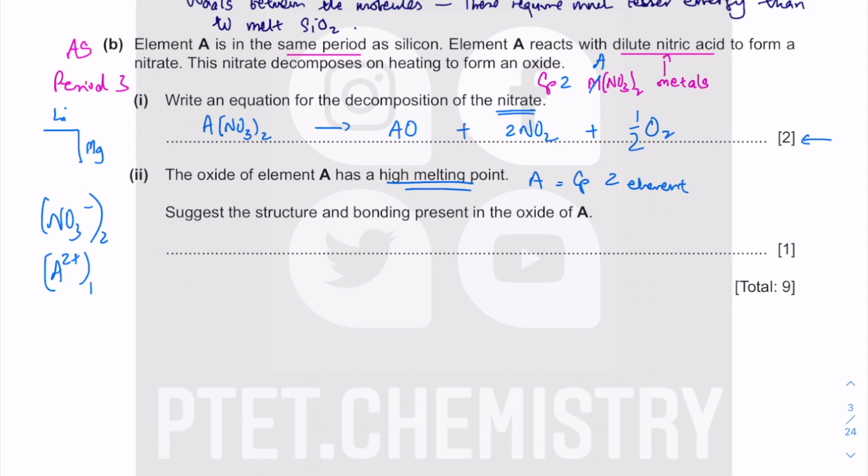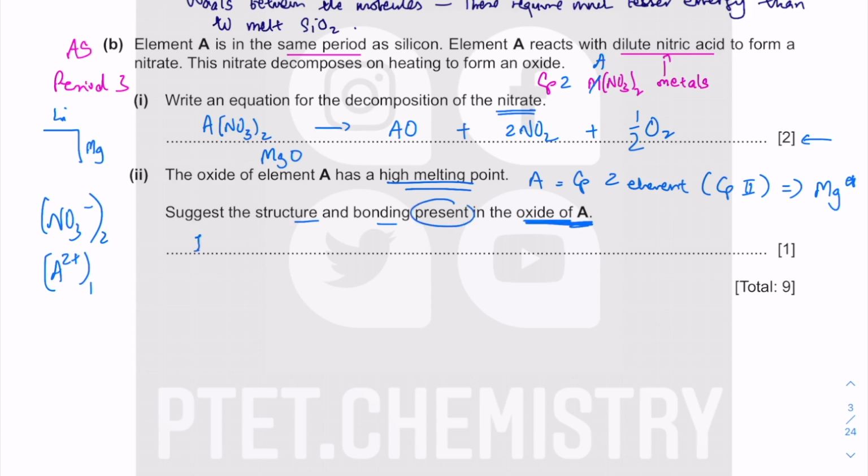So you know group 2 is the same as this Roman numeral group II. It doesn't matter. It's in the same period as silicon, so we're looking at group 2 and period 3, so that must be magnesium. So we're looking at magnesium oxide then. However, they're asking us what is the structure and also bonding present in it, in the oxide. Careful, in the oxide.